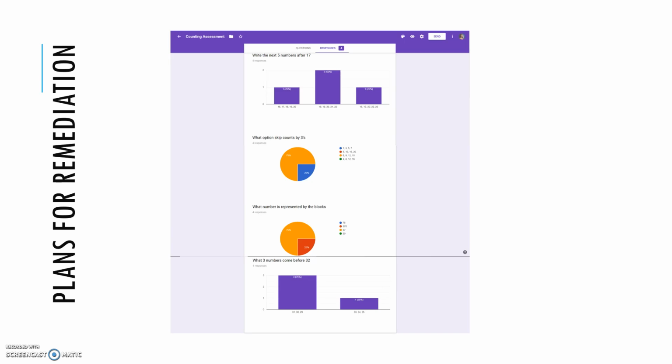It looks like 1 student didn't start at 17 and another student skipped a number, so just some errors there. So we might look at how that question was asked and see if there was any issues there. But the rest of the questions, only 1 student got wrong, and the rest got right. So we can see that we're at 75%. That's pretty good.